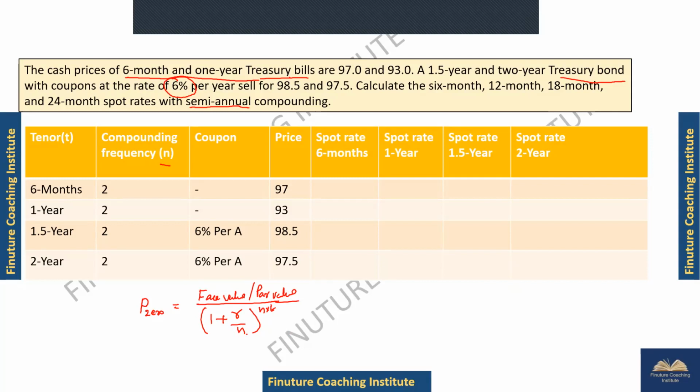So (1 plus R over N), where N is the compounding frequency, to the power N times T. This is for a zero coupon bond.